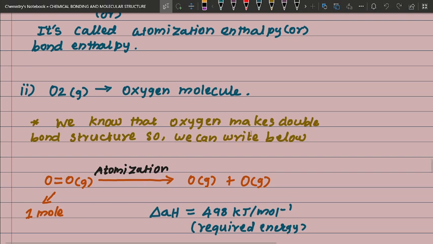Next, O2, the oxygen molecule. We know that oxygen makes a double bond structure. When 1 mole of oxygen gas is atomized or broken, it goes to a single O atom and another single O atom, both in the gaseous condition.